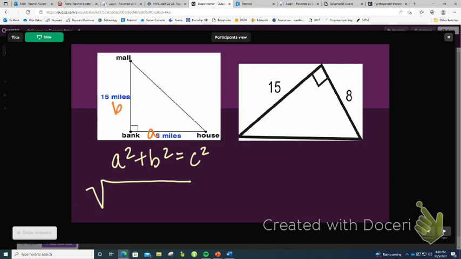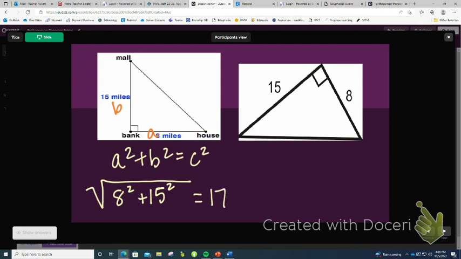So a is 8, we have to square it still, plus b is 15 squared. If you type that all into your calculator at once, that's going to give you your final answer. That answer is going to be 17.